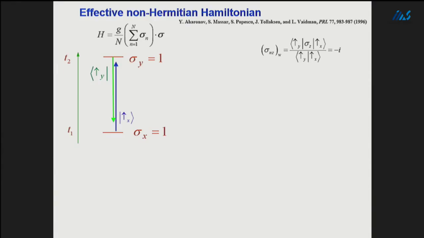Let's look at what I can say about weak values. It is easy to calculate that if you start with up x and end with up y, the weak value of sigma z is minus i. Of course, the weak value of sigma x should be 1, and sigma y also 1.